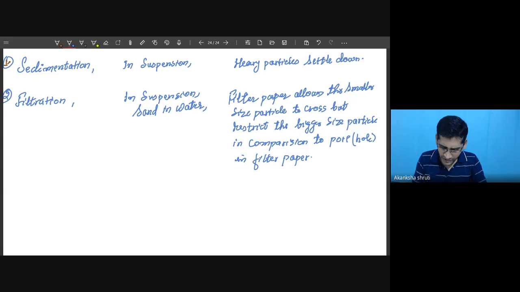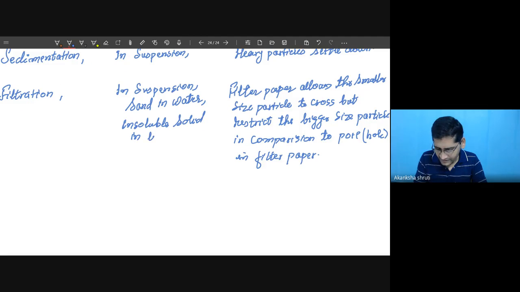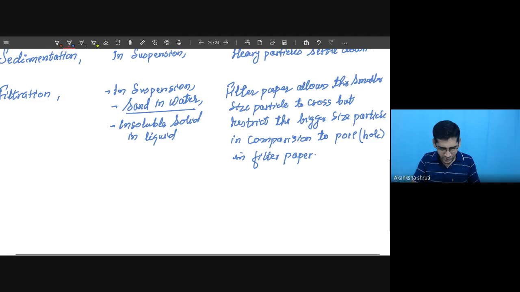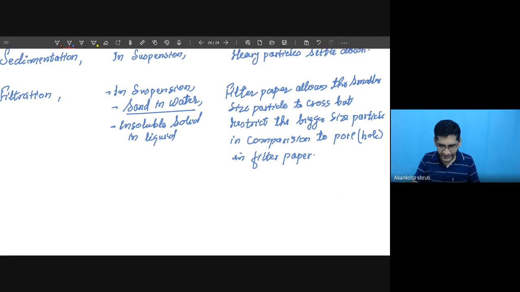The chalk powder means insoluble solid in liquid, because the liquid will pass through the filter paper, but the solid will not pass. The example I have taken is this one. So this is the important thing that we have to keep in mind regarding filtration.